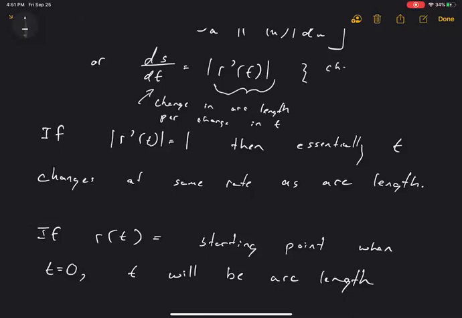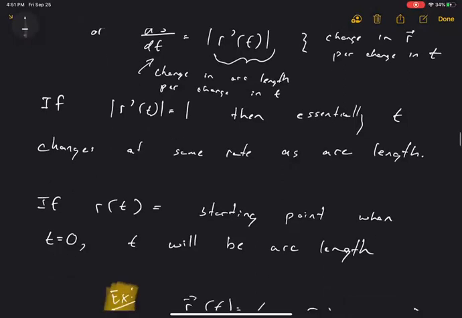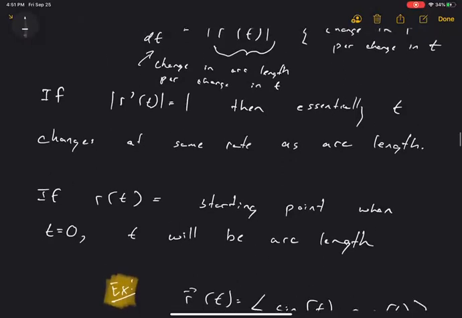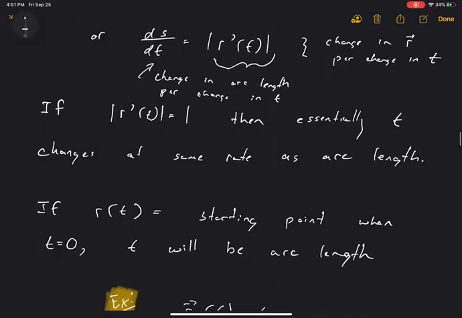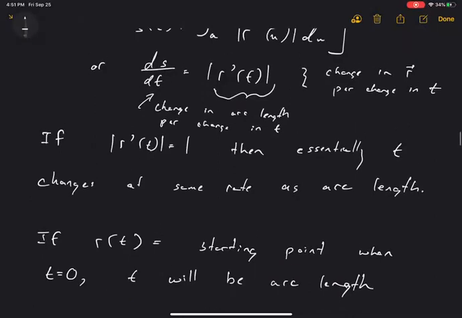This is change in r per change in t. And it's really the magnitude of the change. Okay. So if that derivative, the magnitude of r prime of t, is equal to 1, then basically what we're saying is that this change in arc length is 1-to-1 with this change in my vector valued function.